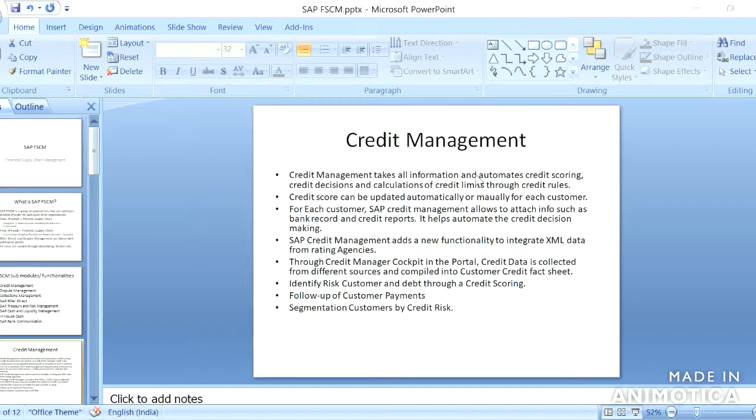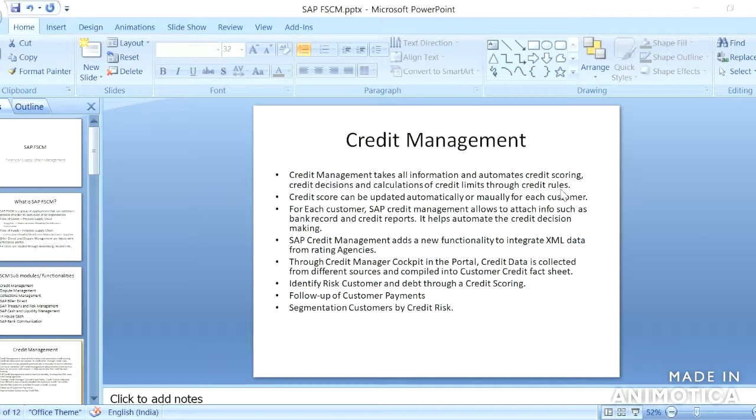So it automates credit scoring and credit decisions and calculations of credit limits through credit rules. What it actually does is, credit management takes all information and automates credit scoring. Based on the scoring, it will make credit decisions and calculate credit limits. Okay, this customer already availed 80%, so there is 20% of the limit remaining.